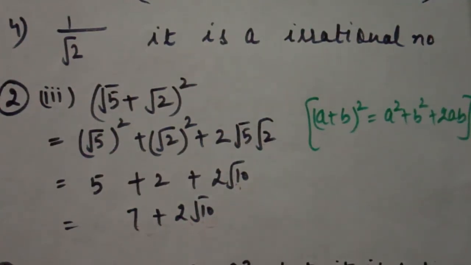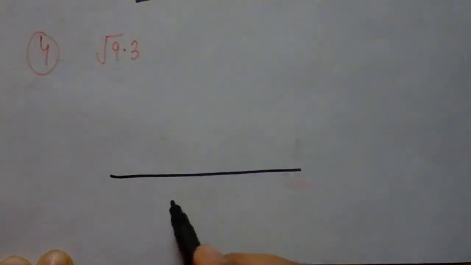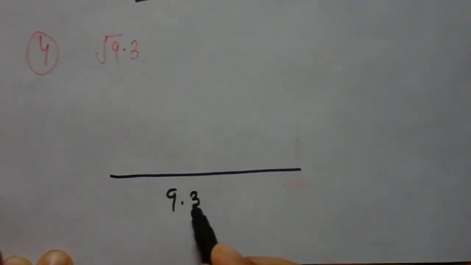Now one question is question number 4, root 9.3 on the number line. In this question, first of all, we will take a line of 9.3.